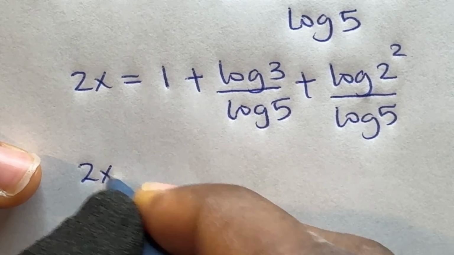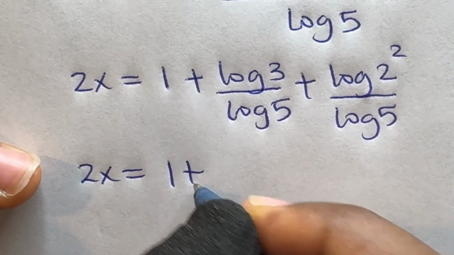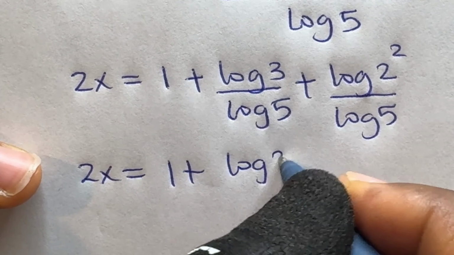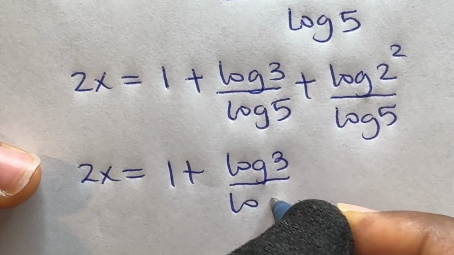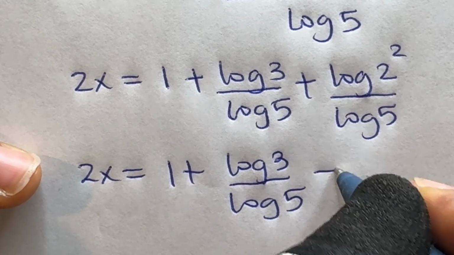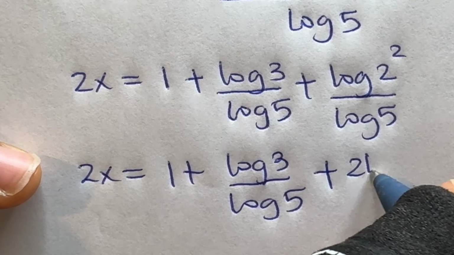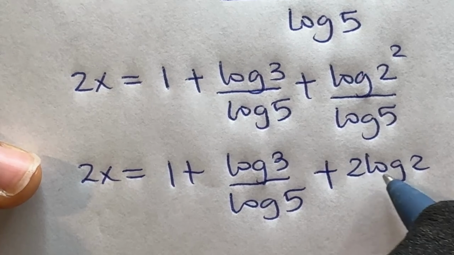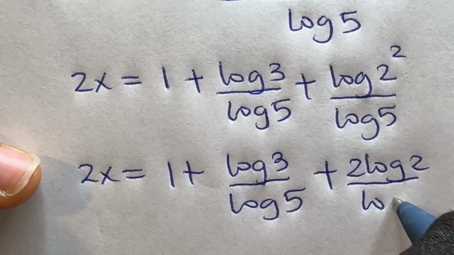So 2x is equal to 1 plus log 3 divided by log 5. And then this will be 2 log 2 divided by log 5.